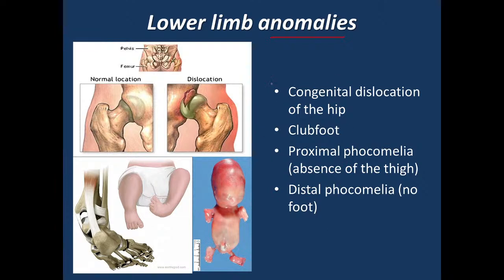Sometimes the embryo has no limb buds, and then the embryo has very small upper and lower limbs. Sometimes there is no foot, and this anomaly is called phocomelia.